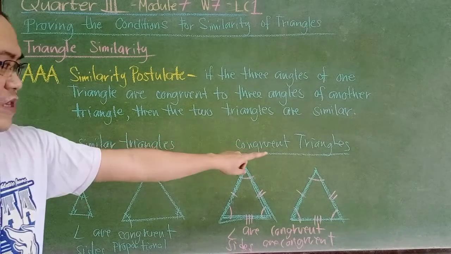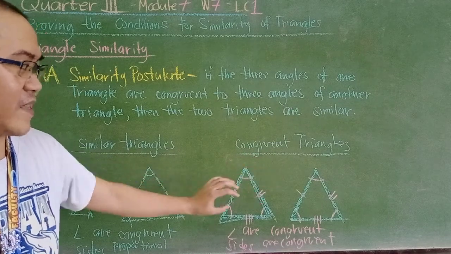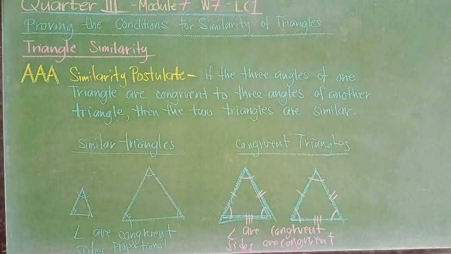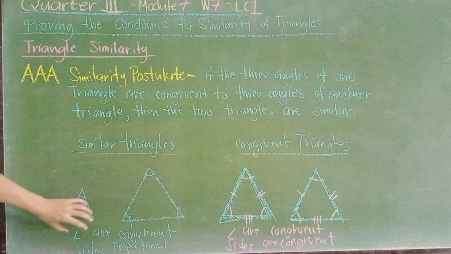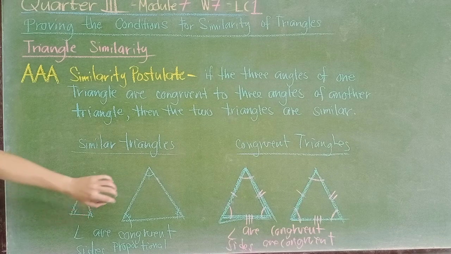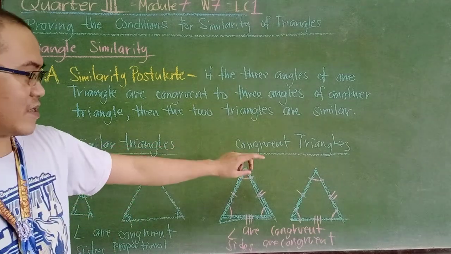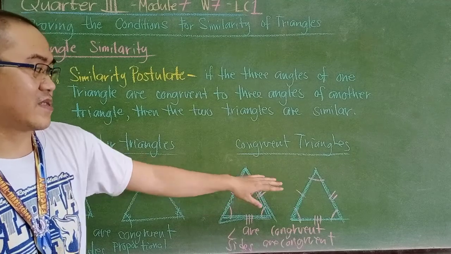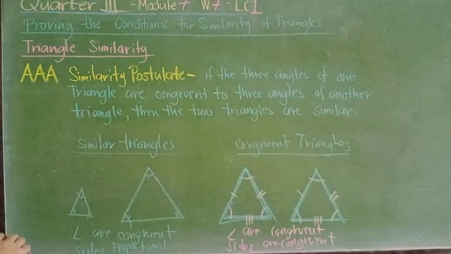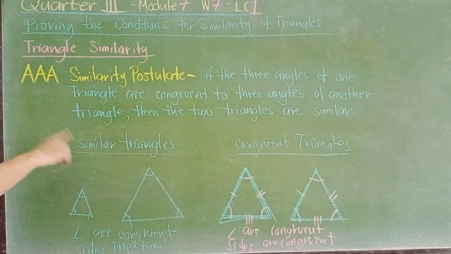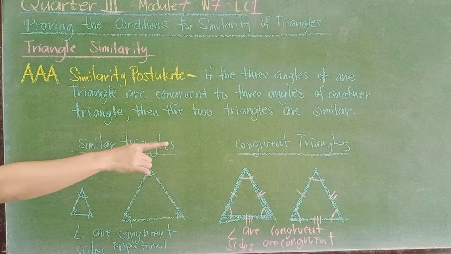Unlike dito sa congruent triangles, talagang magkasukat lahat ng parts nila. So makikita nyo dito sa may similar triangles, yung isang triangle pwedeng maliit, yung isa malaki. Sa congruent triangles, parehas dapat silang sukat, parehas sila ng size. So yan lang yung obvious difference between similar triangles at congruent triangles.